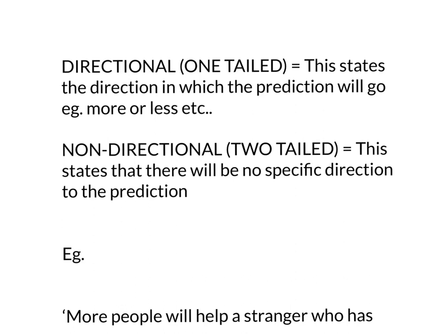A directional hypothesis would simply state the direction in which the prediction will go. Therefore, it would typically have words like more of this behaviour or less of this behaviour will occur. Non-directional or two-tailed would state there will be no specific direction to the prediction, so wouldn't typically have words like more or less in it.